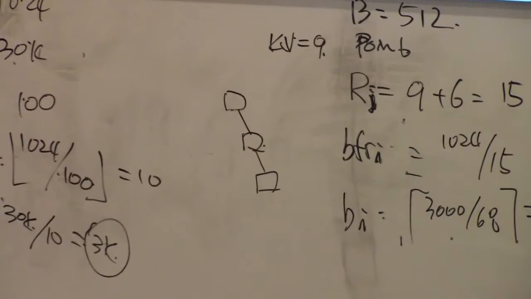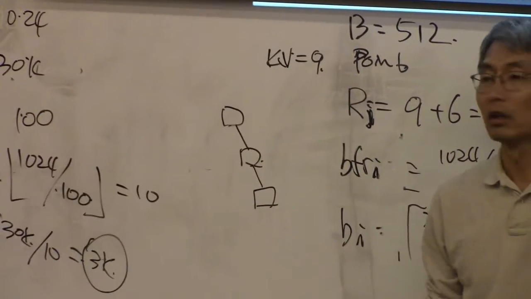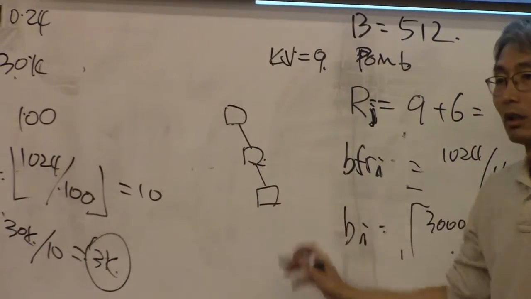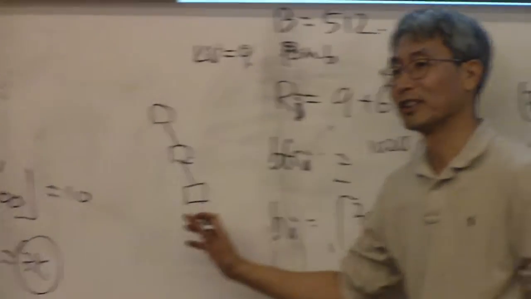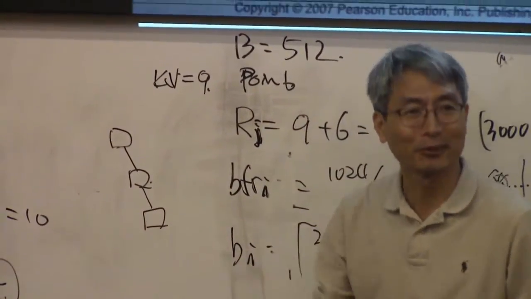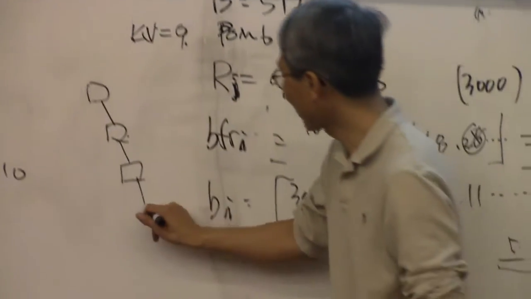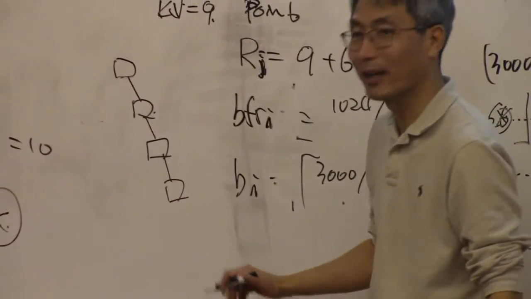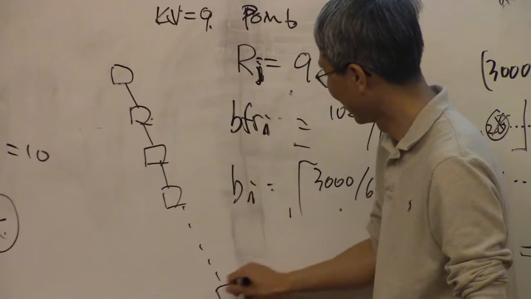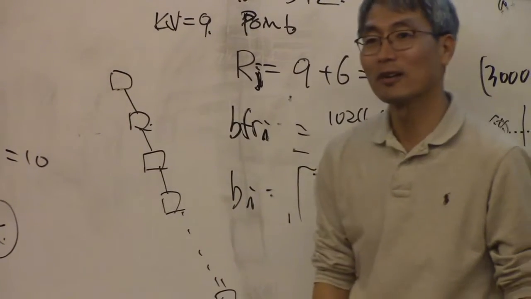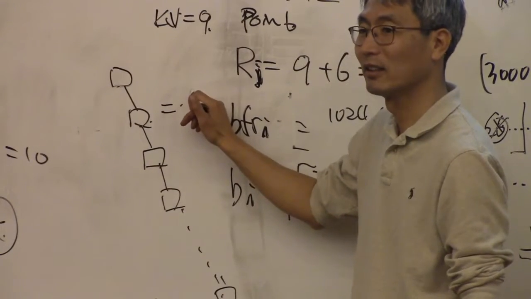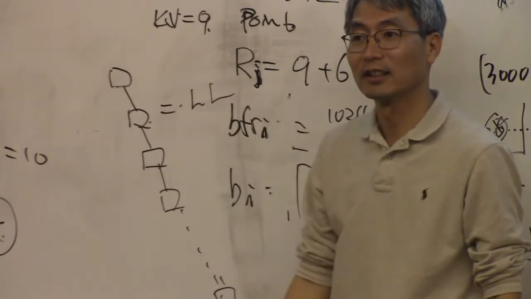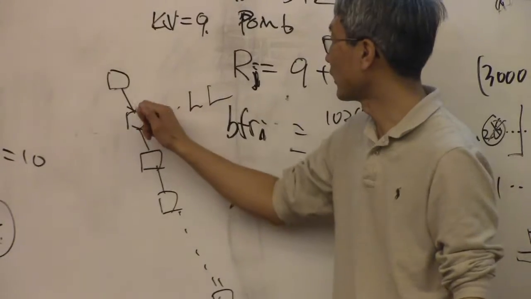Is it binary or not? It should be binary. It's a common question from data structures. What about this? Still binary. So this is also binary, which is the same as what? A linked list, right?